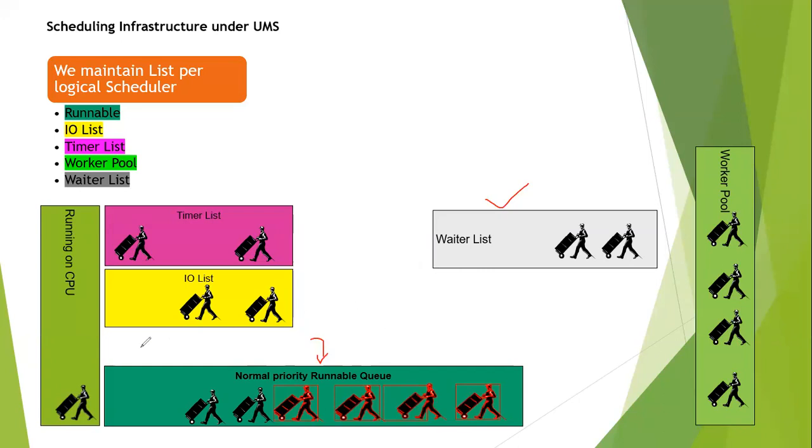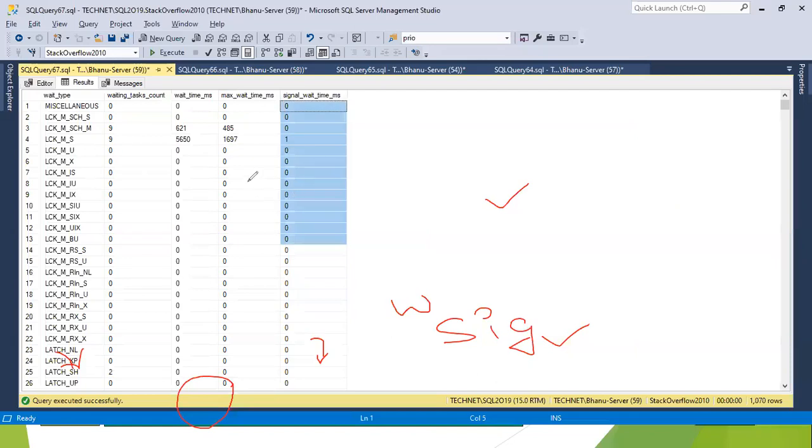So you will have to check the wait time and signal wait time also from this diagram. Signal wait time tells how much time the thread is waiting to get a signal from the thread which is currently executing on the CPU. That signal wait time, you will have in the sys.dm_os_wait_stats DMV.